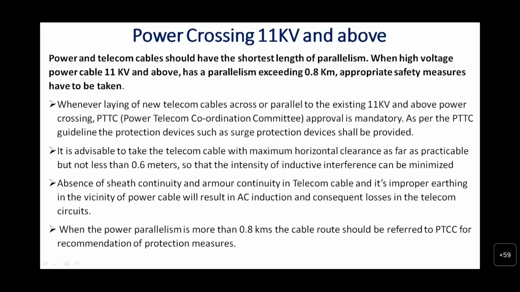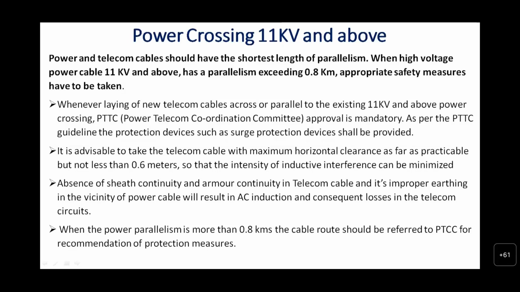When a high voltage power cable of 11 kV and above has a parallelism exceeding 0.8 kilometers, appropriate safety measures have to be taken. Whenever laying a new telecom cable parallel to existing 11 kV and above power cable, PTCC, that is Power Telecom Coordination Committee, approval is mandatory.